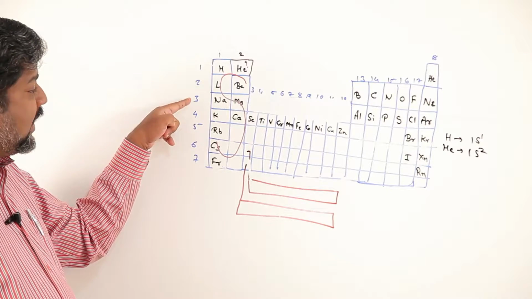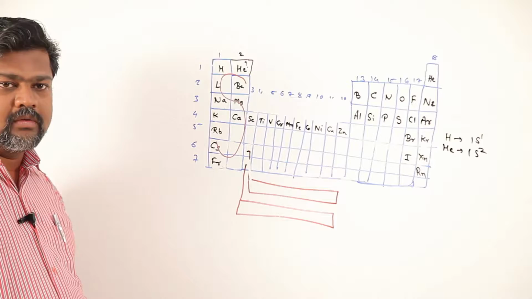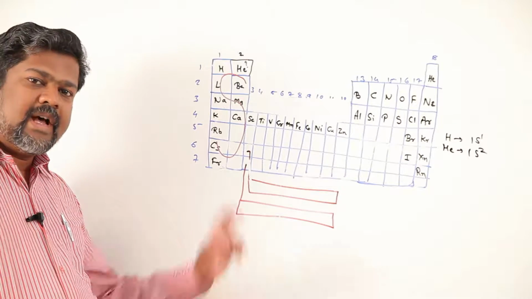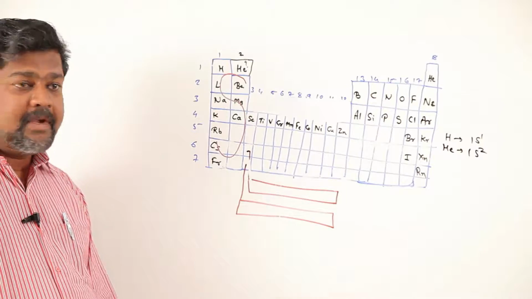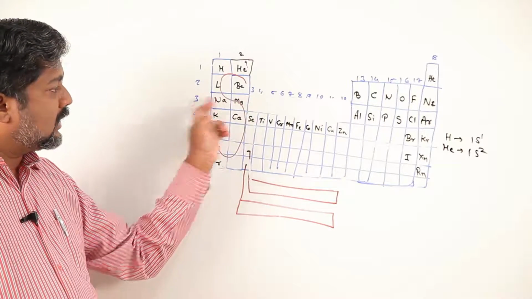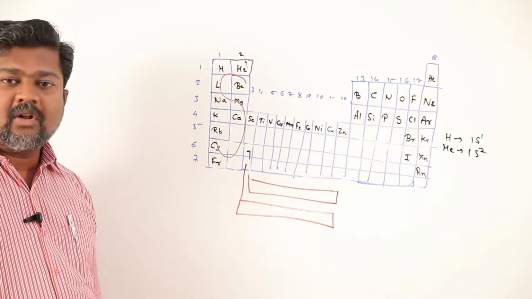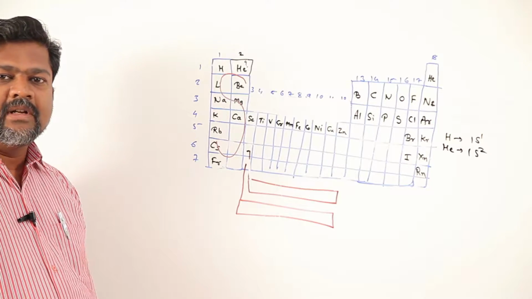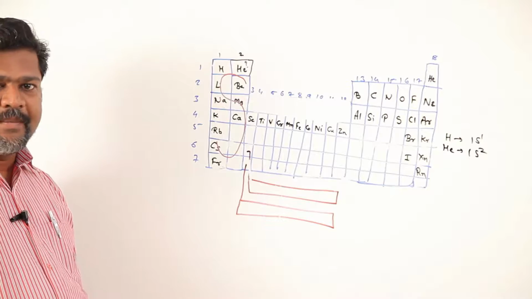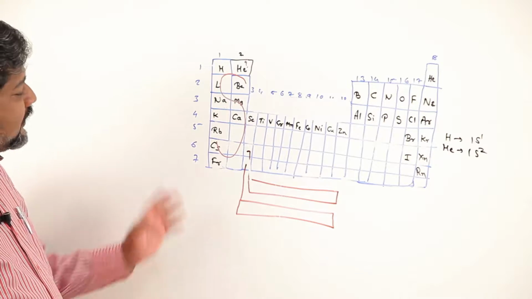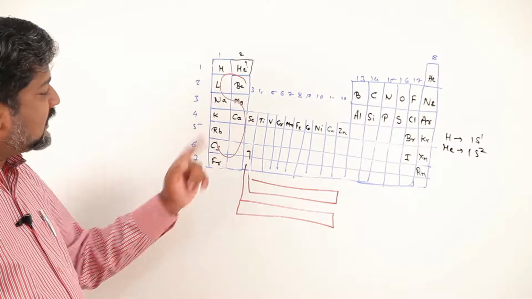Out of that, the middle one is either third or fourth, and therefore they consider the third. But I would like the fourth, because in the third period these 10 elements are not present. But still, they say the third period is called the representative element. Alright. Now, this is the S block.